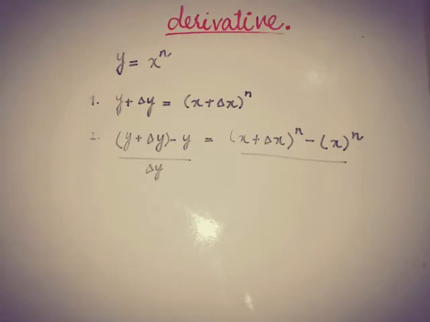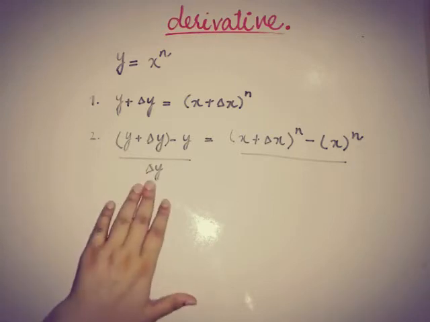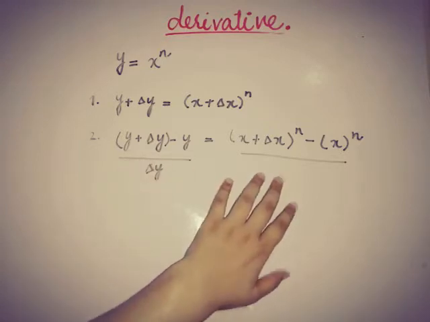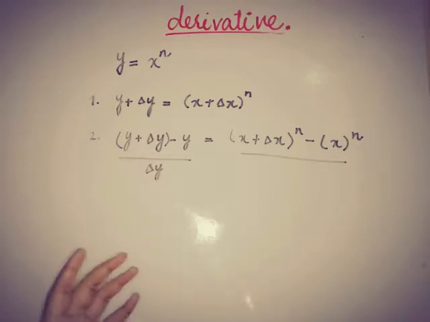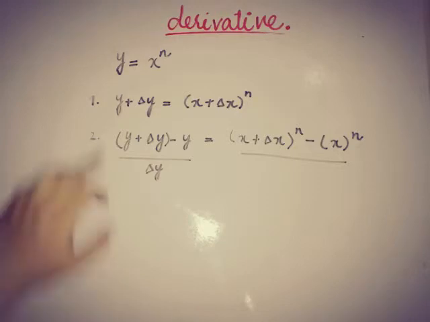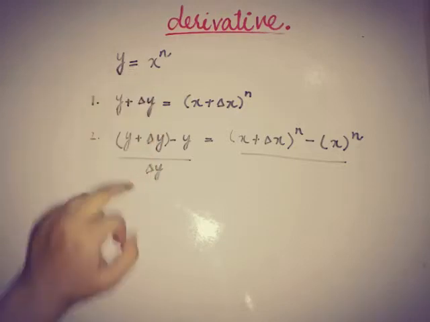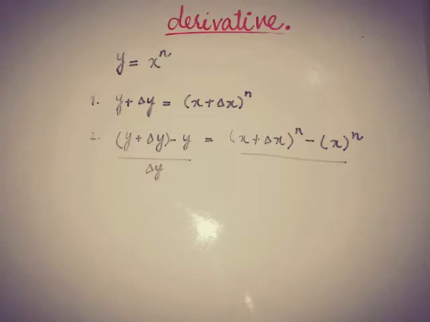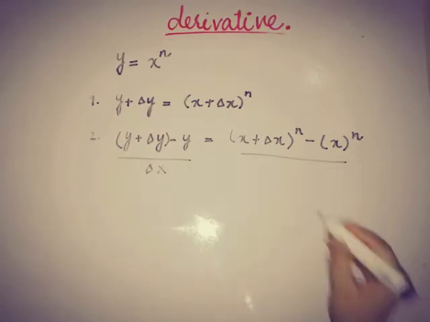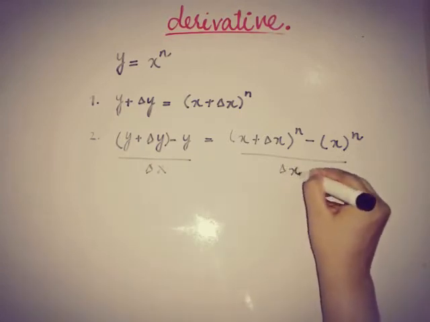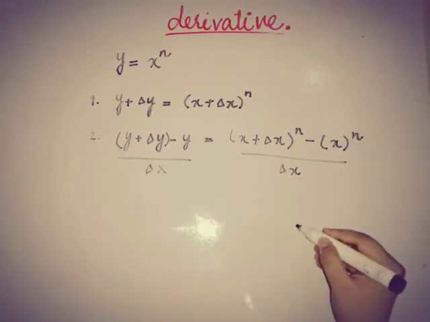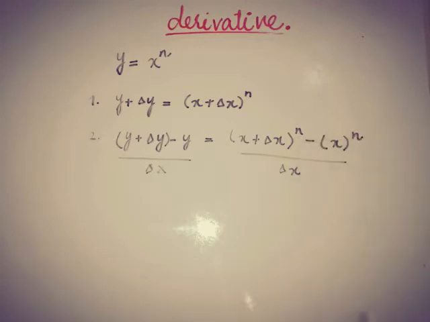But here delta y can't be written, because we are finding the rate of change of the function y with respect to x. So here we can only write x and also x. We can solve it using the binomial theorem.